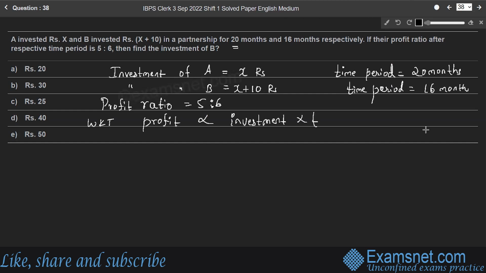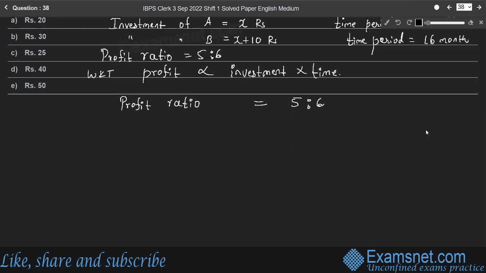Therefore, the profit ratio is 5:6, so the LHS becomes the profit ratio, which is the investment of A into time is to the investment of B into time.